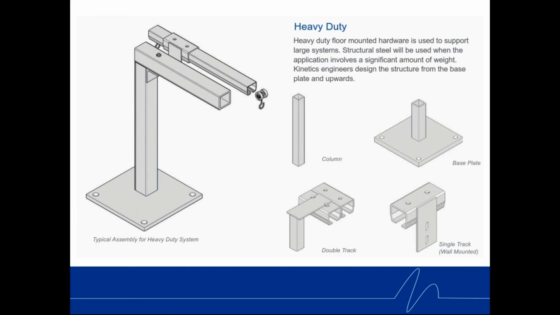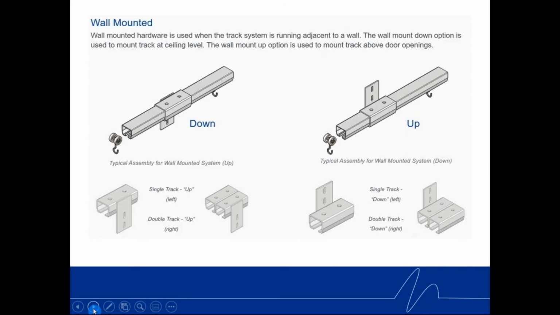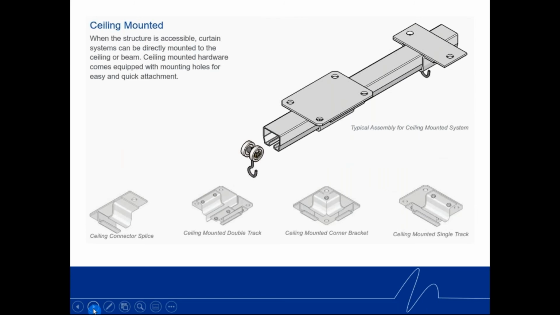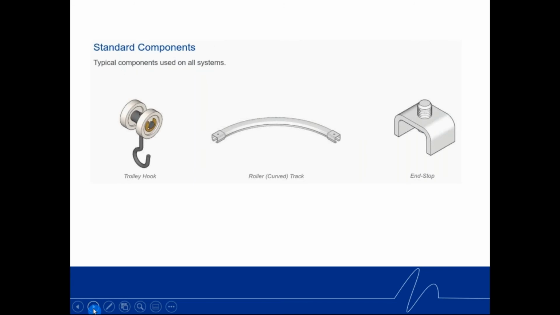And the nice thing at Kinetics, since we have our own structural team on staff, they can go ahead and design that for us. You can also wall mount our systems, and you can also ceiling mount overhead. So there's a lot of applications. If you don't want the columns for an enclosure or a couple of walls, whether it has a roof or not, you can mount it in all these different fashions.